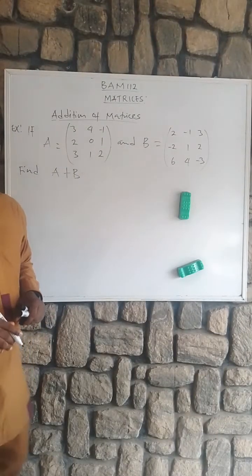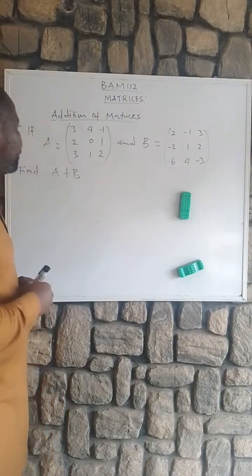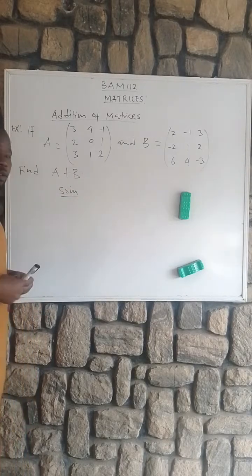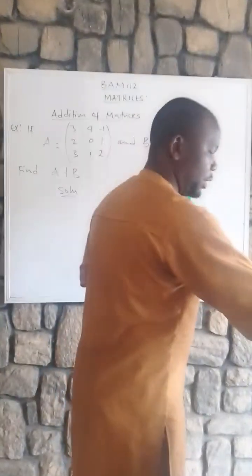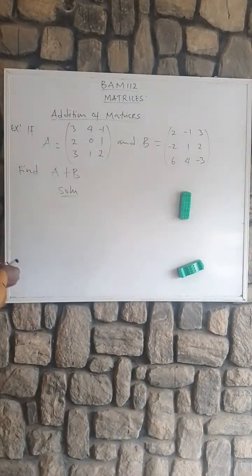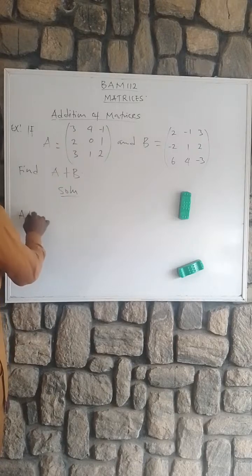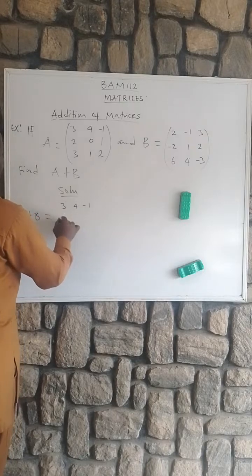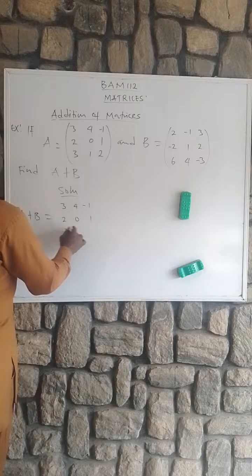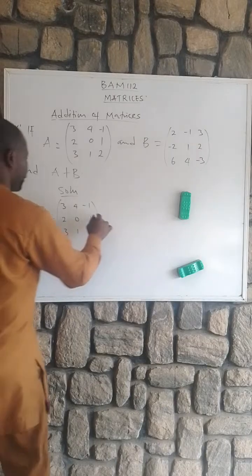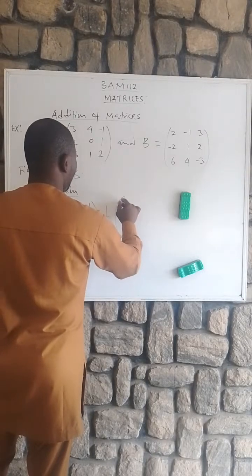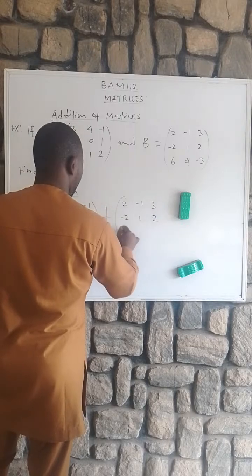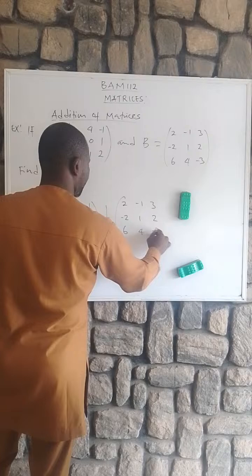It's simple as ABC. Is that clear? It is not difficult. What you need to do is let's write solution. Then our matrix A plus B is equal to 3, 4, minus 1, 2, 0, 1, 3, 1, 2, then plus 2, minus 1, 3, minus 2, 1, 2, 6, 4, minus 3, right?